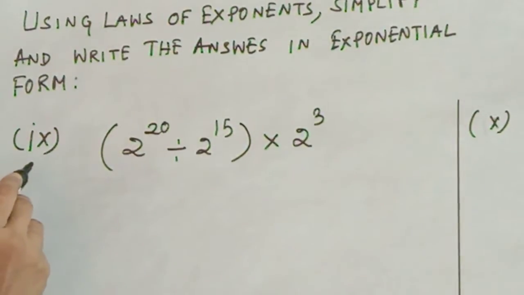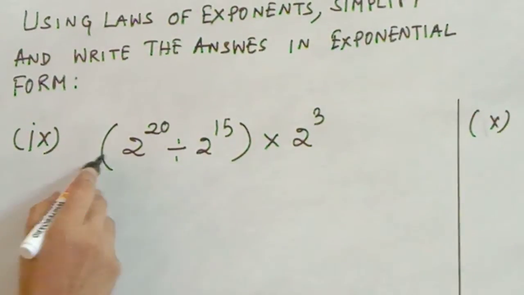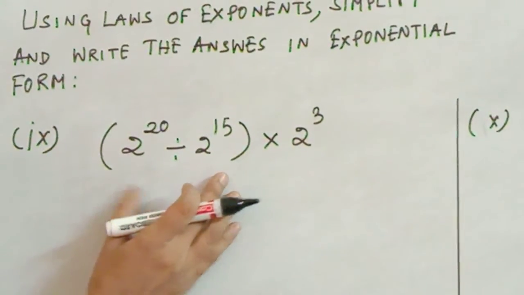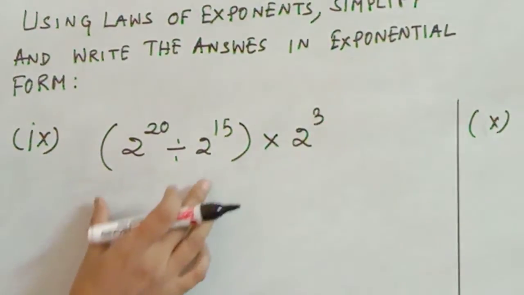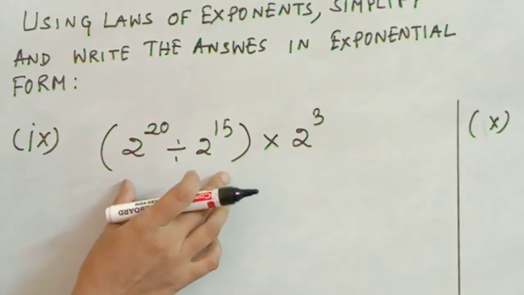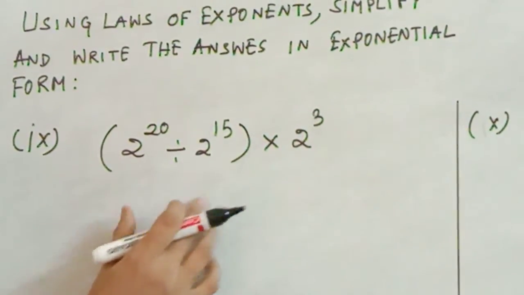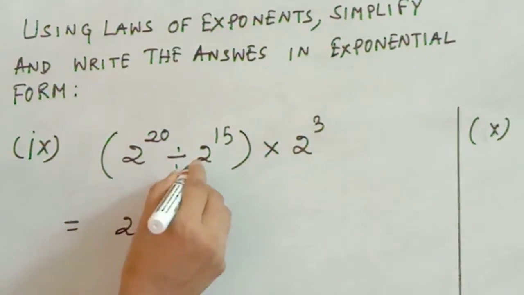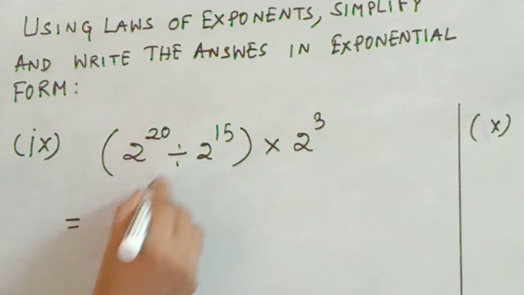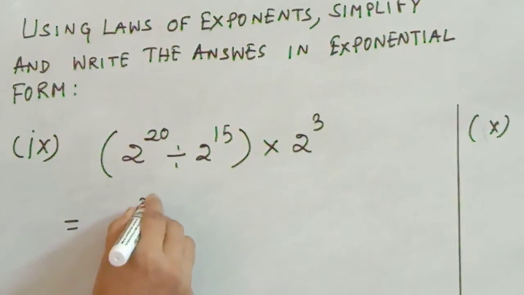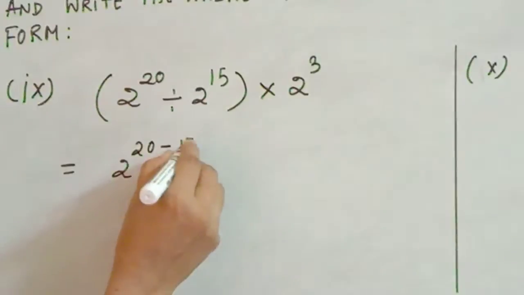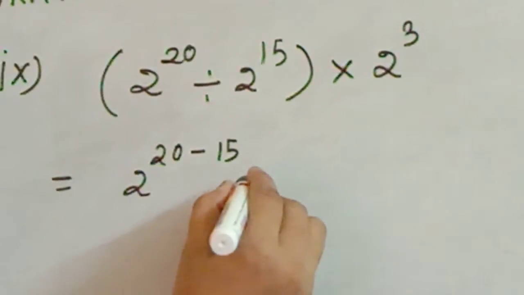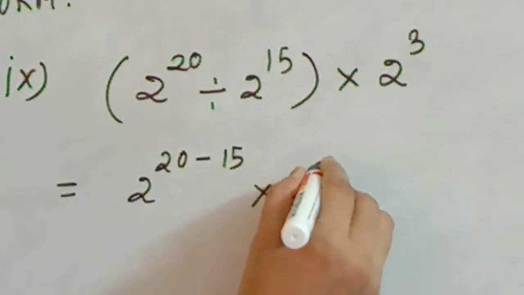Now in question number 9, 2 to the power 20 divided by 2 to the power 15 inside the bracket, into 2 to the power 3. You know that the portion inside the bracket you have to solve first. So division sign, bases are same, powers should be subtracted. 2 to the power 20 minus 15 into 2 to the power 3.